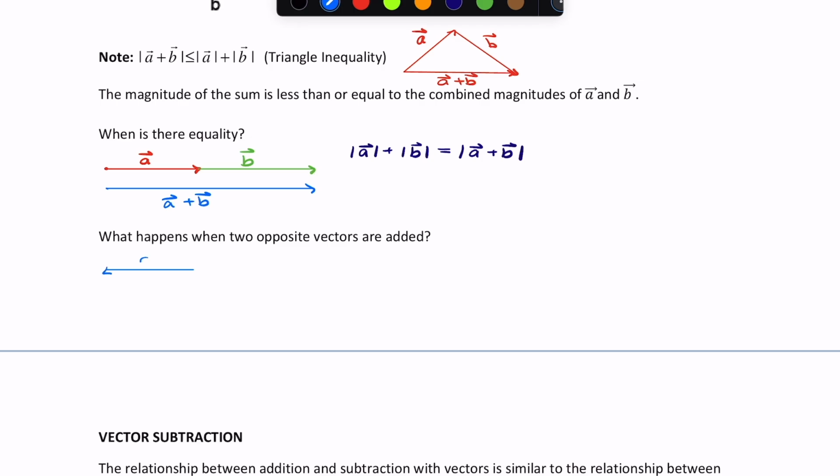If we have vector A going from left to right, and we have vector B going from right to left, and vector B is equal to negative vector A, then vector A plus vector B would therefore be equal to vector A plus negative vector A, which would be equal to 0.